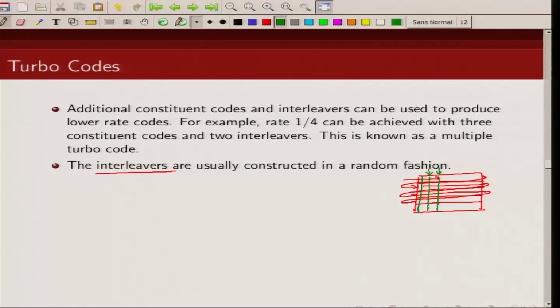A very simple example, let us say my block size is 4. So, what I can do is I can put my data like this. First data I can put it here, second data I can put it here, third data I can put here, and the fourth data I put here. But while reading, instead of reading row wise, I can read it column wise. So, I first read 0, then I read second and read 1 and I read third, right.